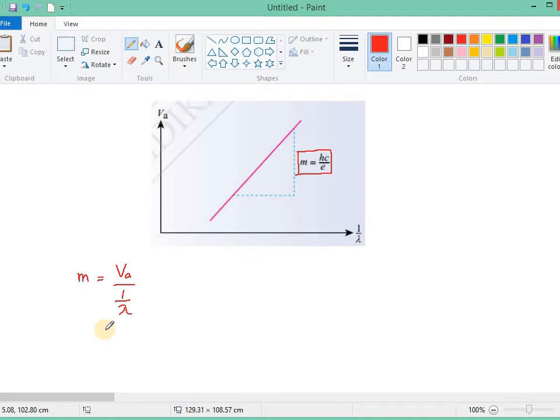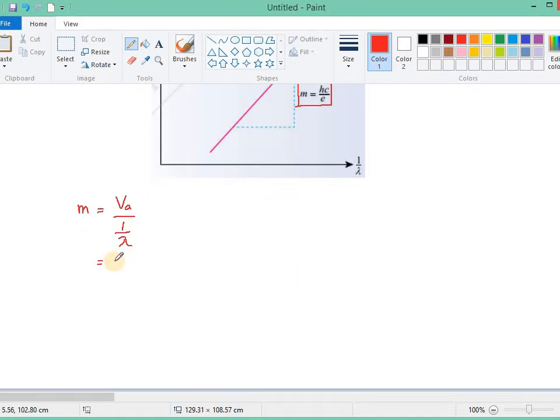So that means the gradient will be the activation voltage times the wavelength, from the activation voltage.